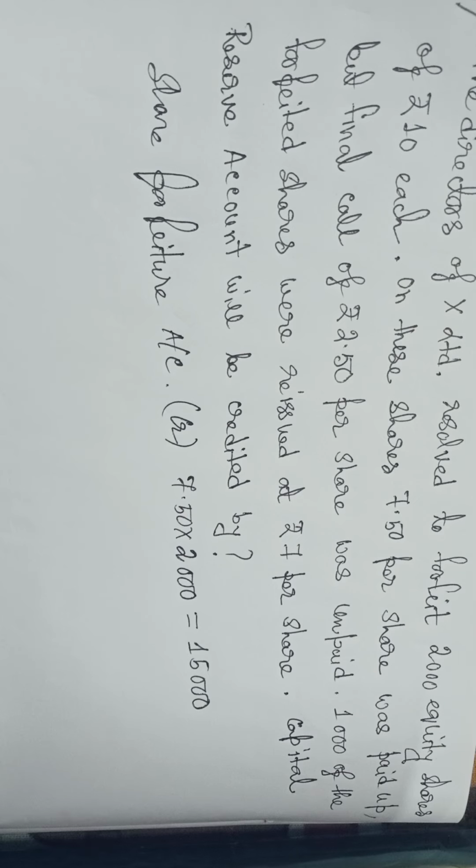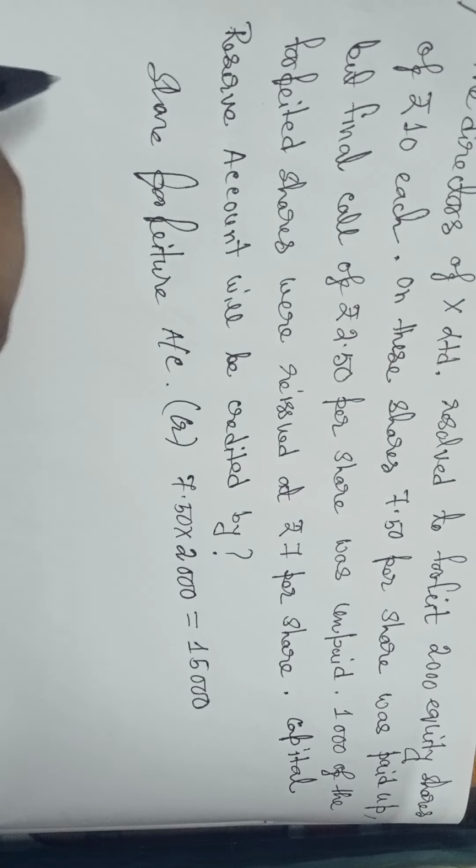But here 1000 shares have been reissued at rupees 7 per share. So face value is 10 and it is issuing at rupees 7 per share. So the discount they are giving is rupees 3 per share. The maximum discount they can give is 7.50, so 3 rupees is allowable.